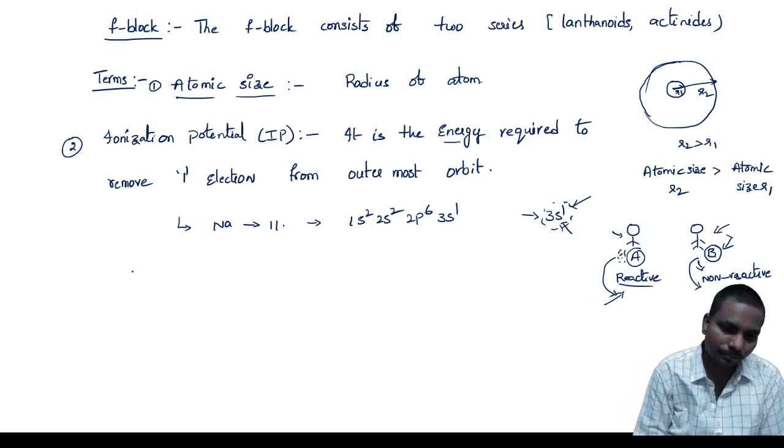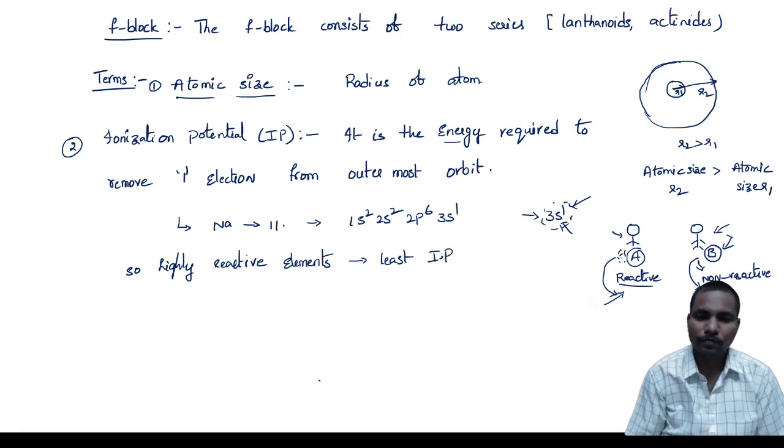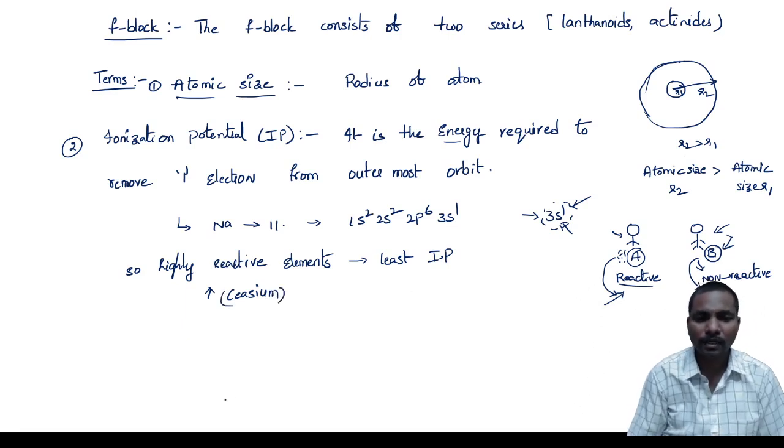So we can say highly reactive elements have the least ionization potential. Highly reactive element, for example, cesium. Cesium is the highly reactive element that has the least IP.